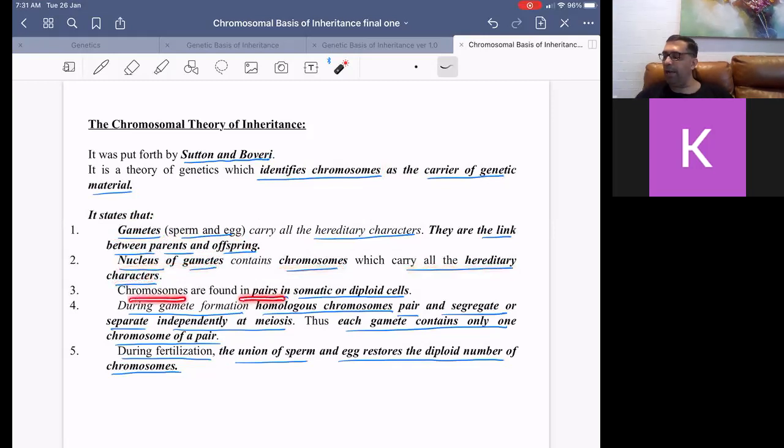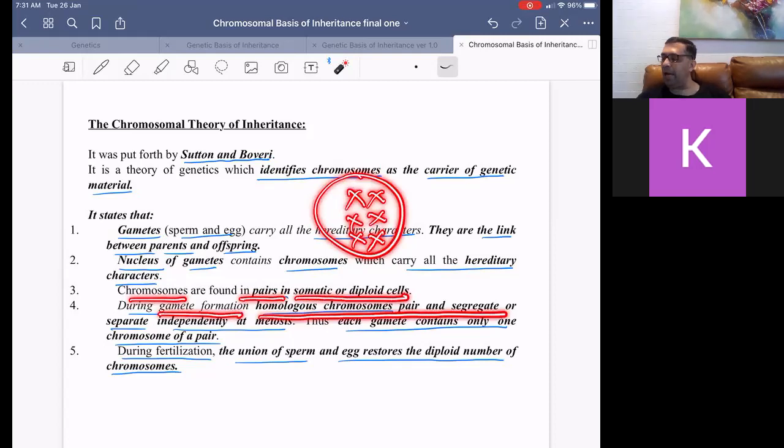Chromosomes are found in pairs in somatic or diploid cells. Diploid cell में we have pairs of chromosomes. Diploid होते हैं. During gamete formation, homologous chromosomes pair and segregate independently at meiosis.